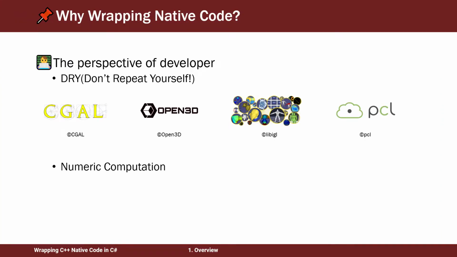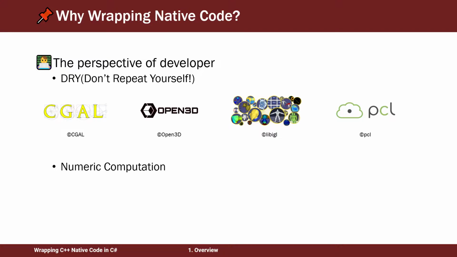So let's get started. We first step back from the technical stuff and take a look at the bigger picture. The first question is to ask ourselves, why? Why wrap native code? Speaking from the perspective of a developer, you benefit from using lots of libraries which have been developed for years.